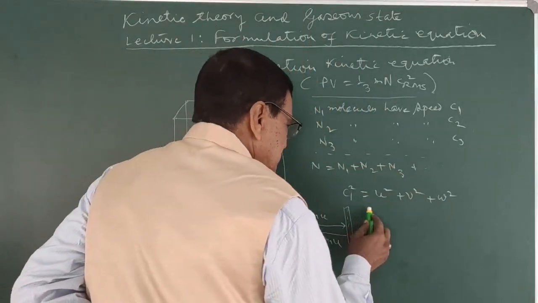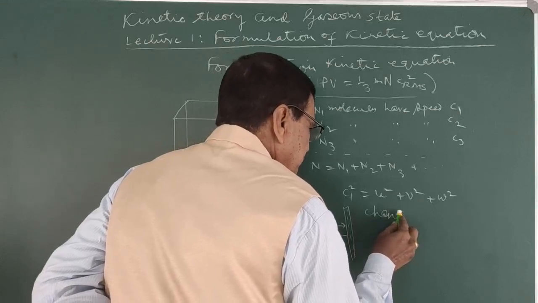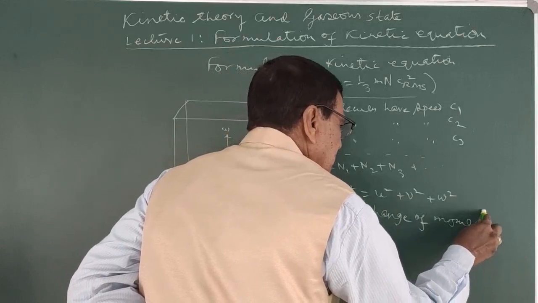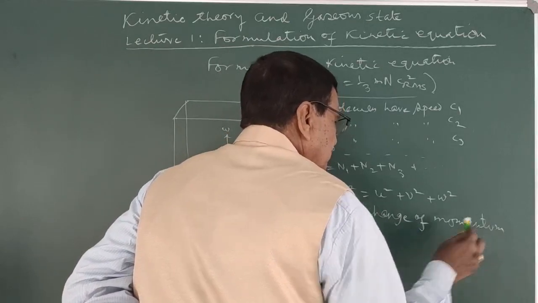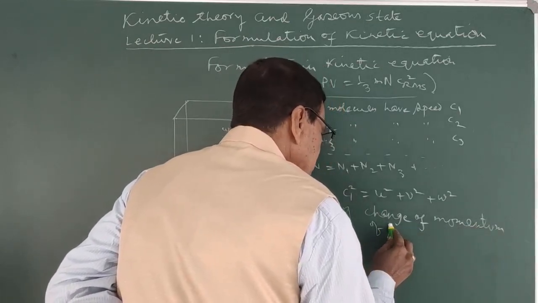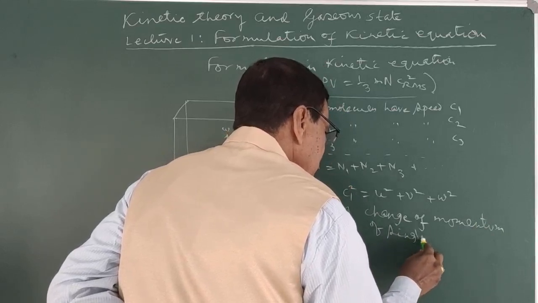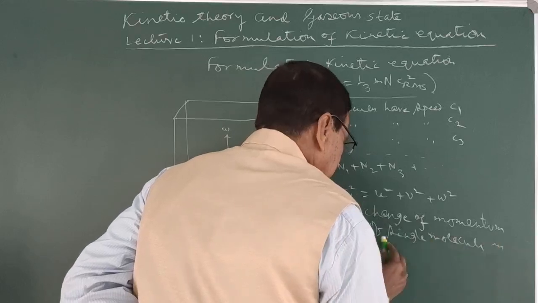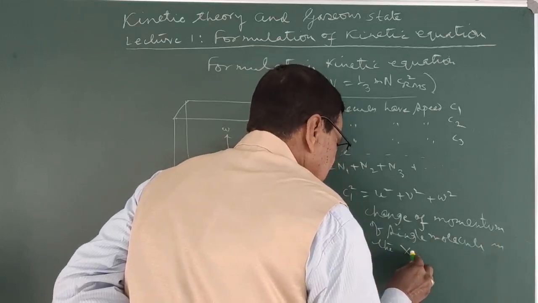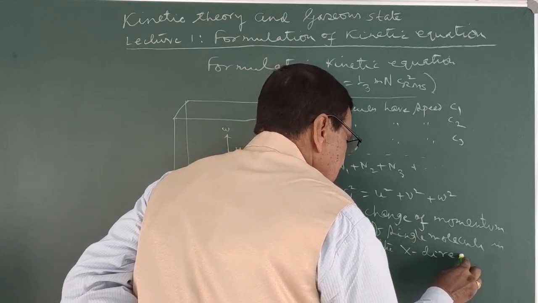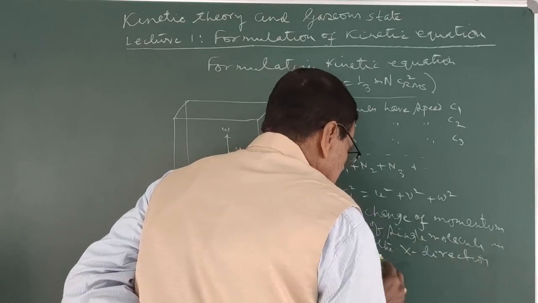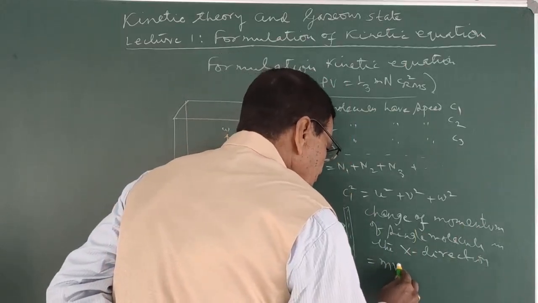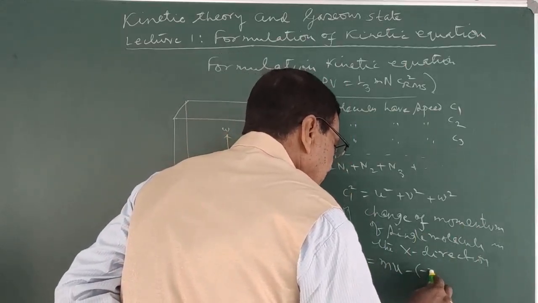So the change of momentum of a single molecule in the x direction is equal to mu minus minus mu.